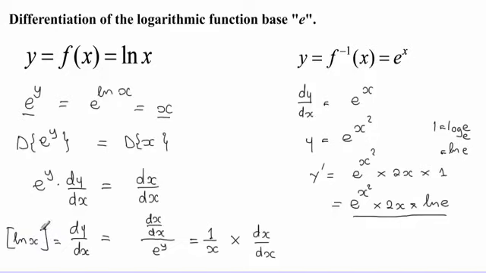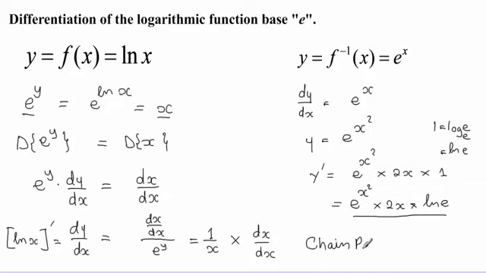Now let's read this carefully and listen to what it says. The derivative of ln x is equal to 1 over its argument multiplied by the derivative of the argument. I think you can see again that this business of multiplying by the derivative of the argument is coming out naturally like that. This is actually what we call the chain rule.